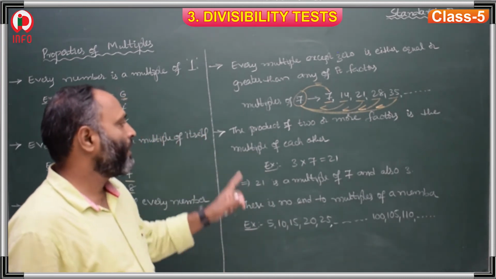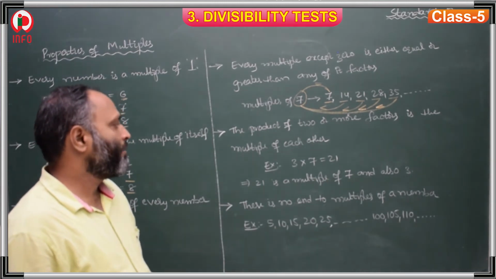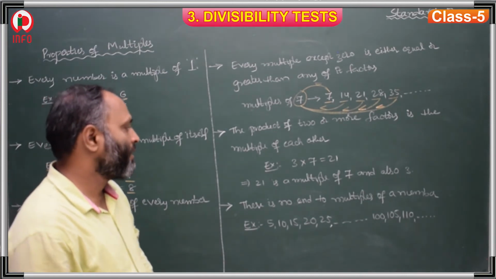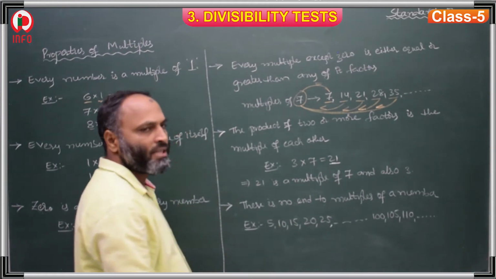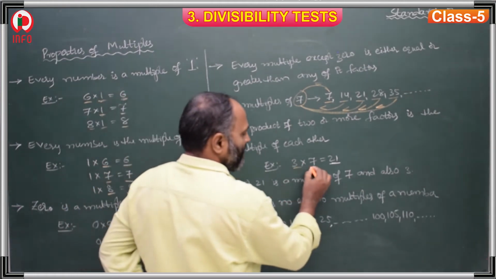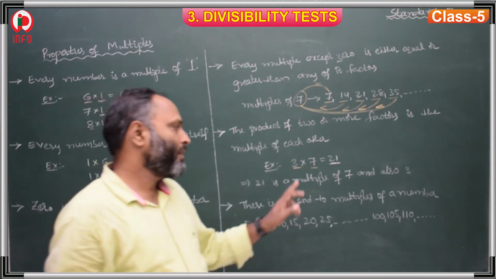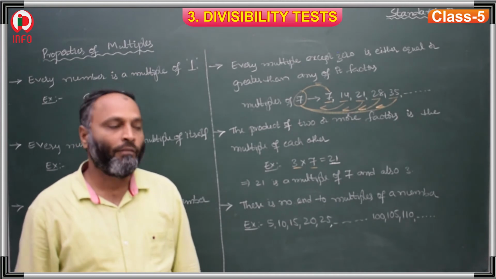Then here, the product of two or more factors is a multiple of each of them. Take 21. How to take this 21? 7 3s are 21, 3 7s are 21. These two are the factors of 21. In factors we learned this.